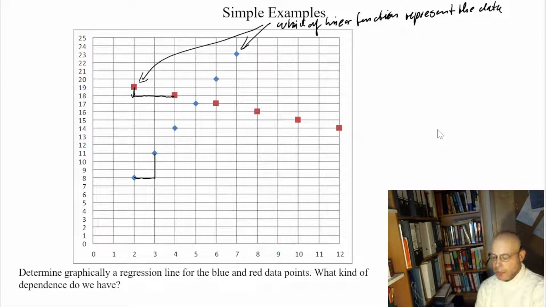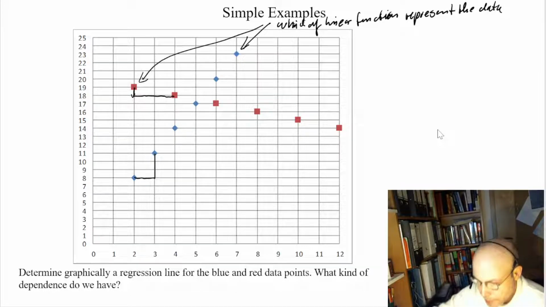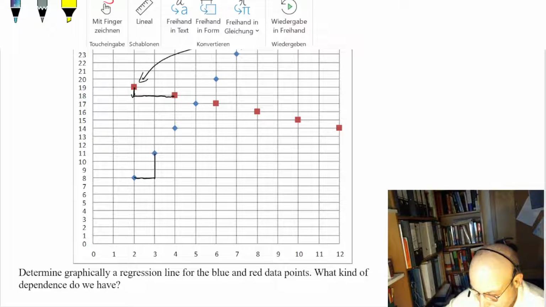So what would be our linear function for the red data points and for the blue data points? Let's start with the blue one.